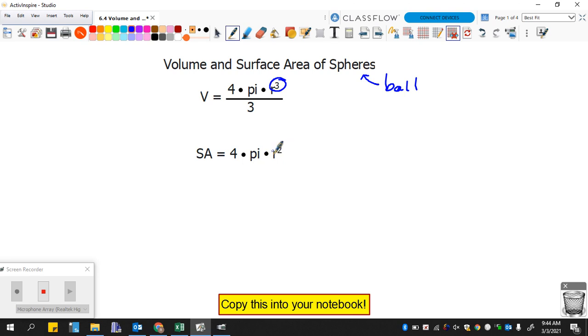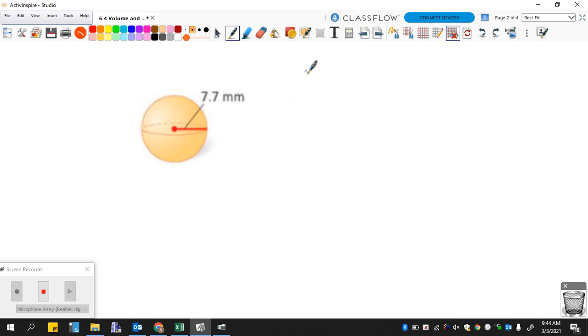All right? So when we're looking at this, it says we want to find the volume. So volume is 4 times pi times the radius to the third power, all that divided by 3. And then we're also going to want to find the surface area, which is 4 times pi times the radius squared.